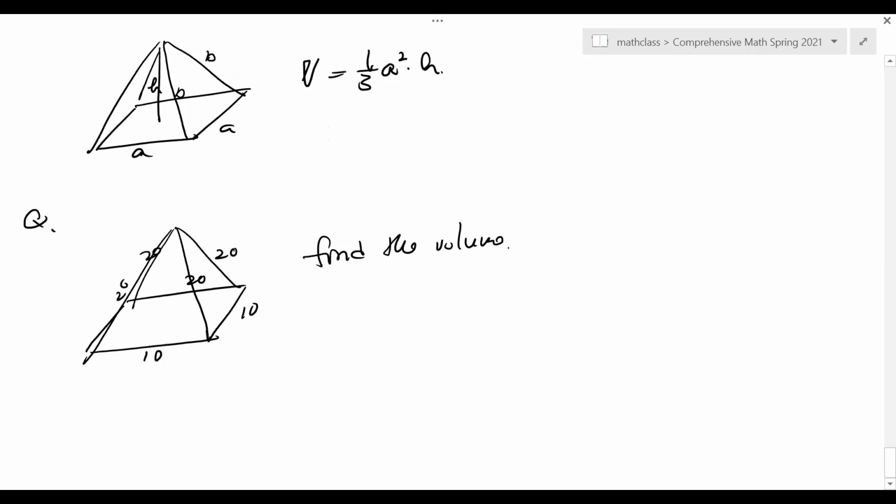Think about this. You see, based on the above formula, all you need to find is the height.